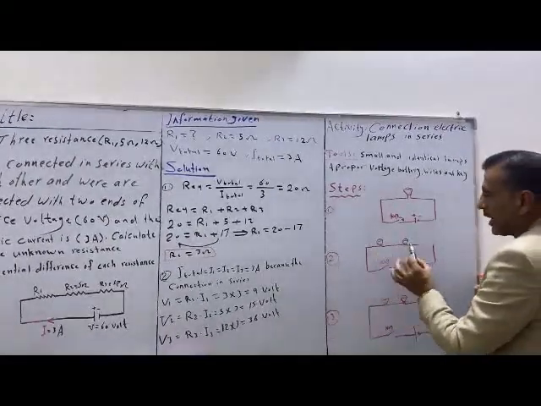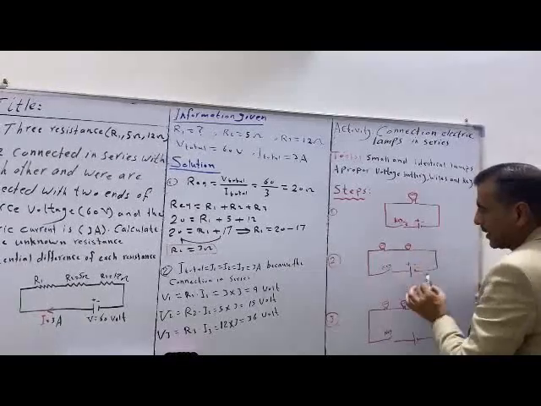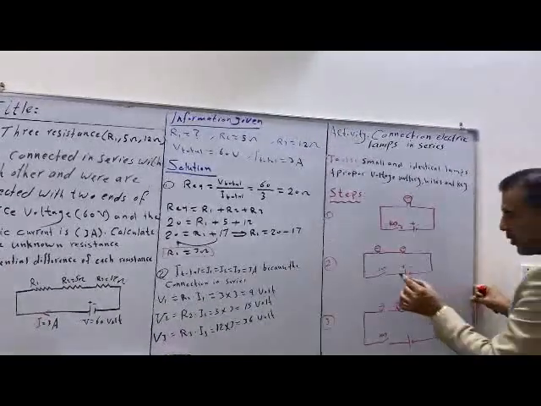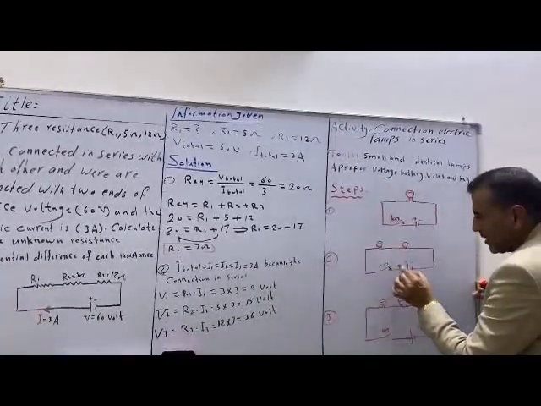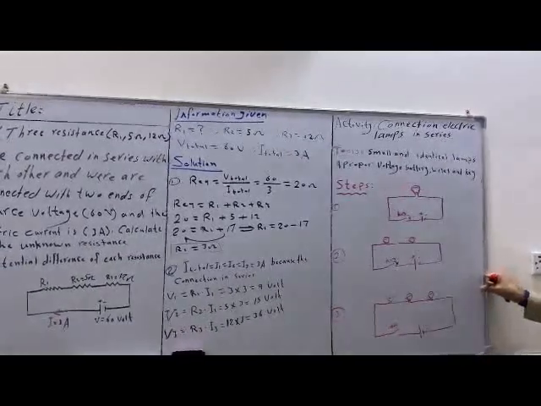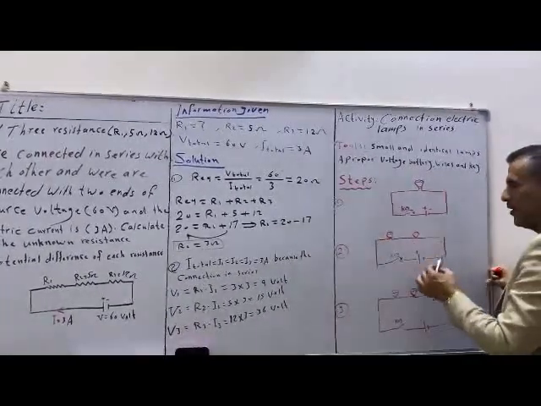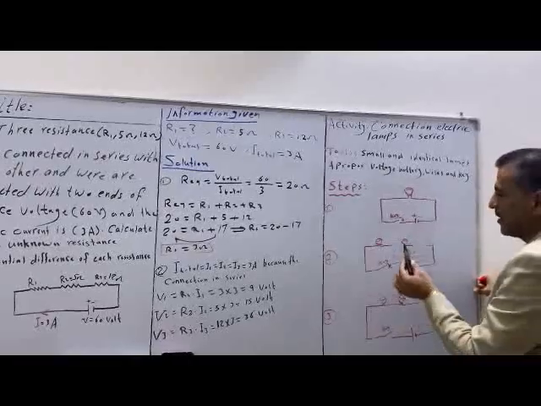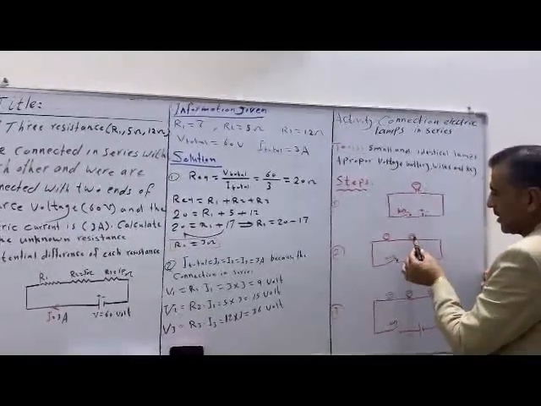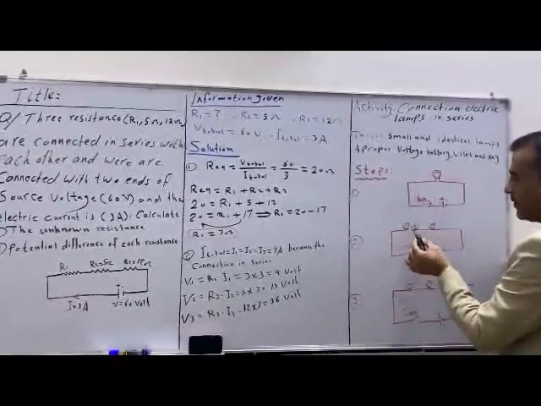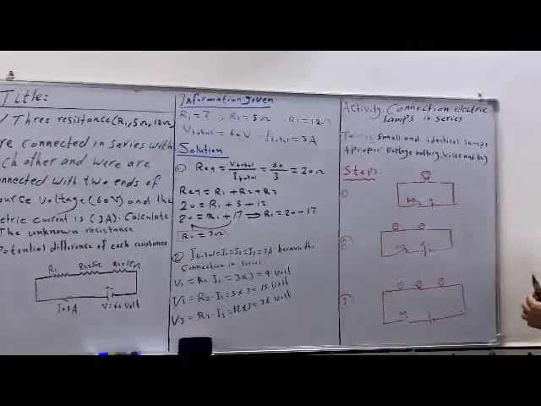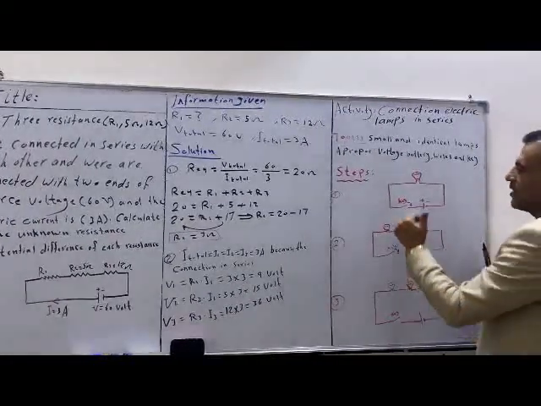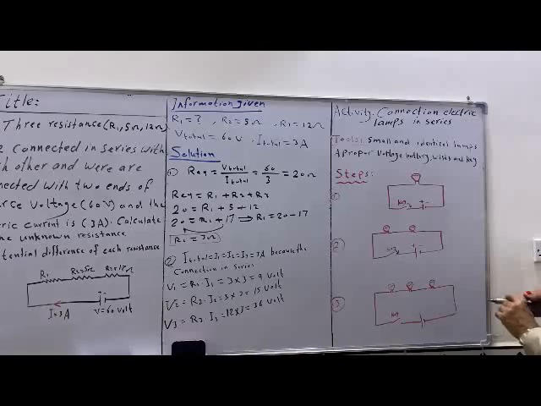Now, connect two lamps with the battery. Close the electric cable. The electric current flows in this circuit, and we observe the lamps glow equally but less than in the first case.